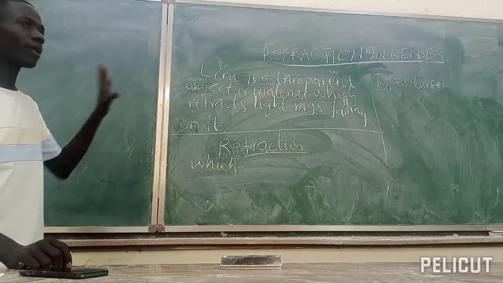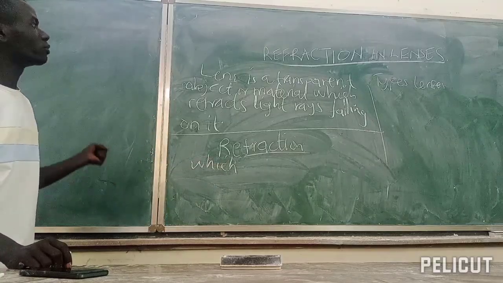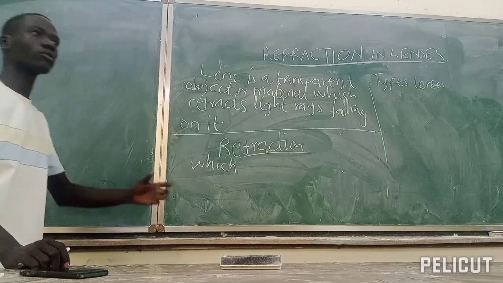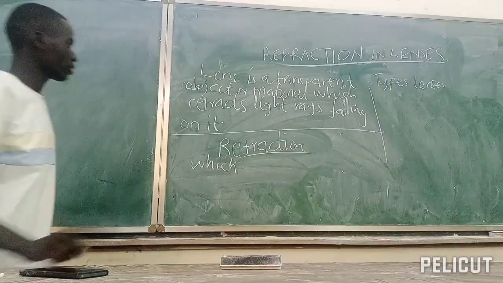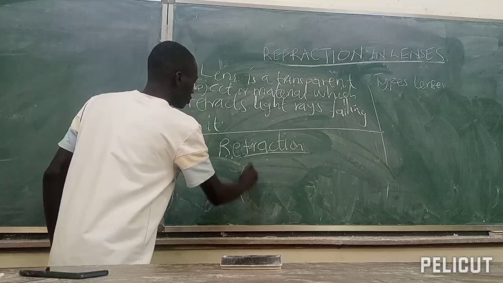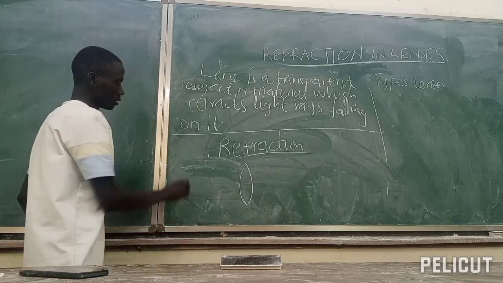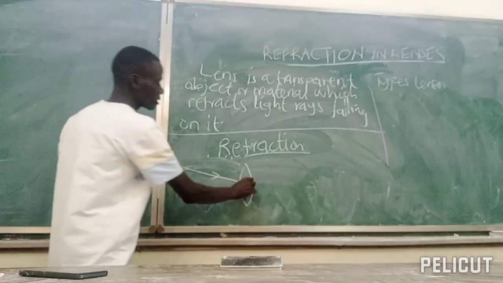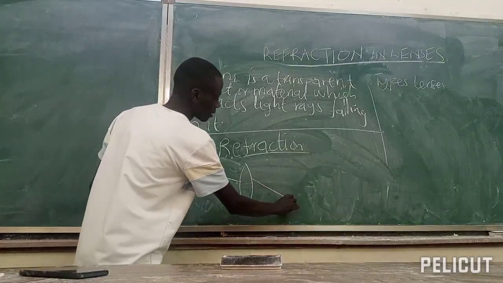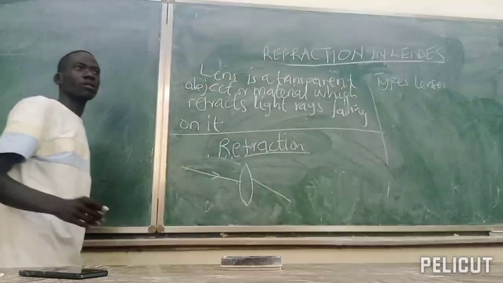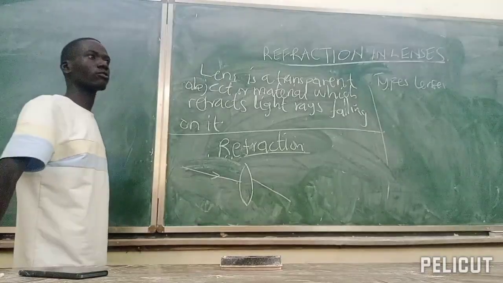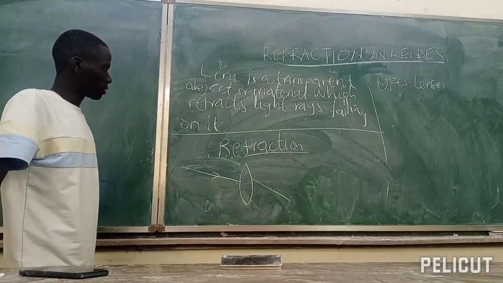So when a light ray falls onto a lens, there's that aspect of bending when it goes to the other side of the lens. Assuming this object is my lens, we make the light ray from the source fall on it. That bending of the light ray is what we call refraction. It's simply the bending of the light ray when it falls on a lens.